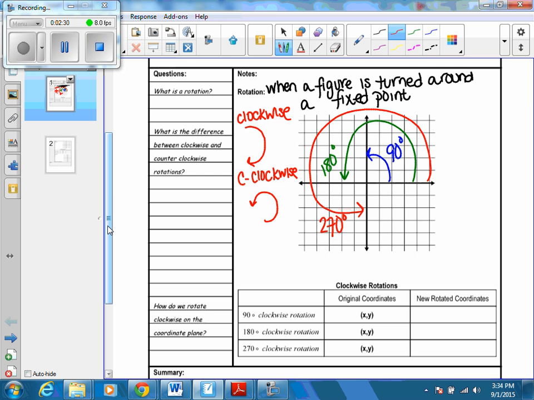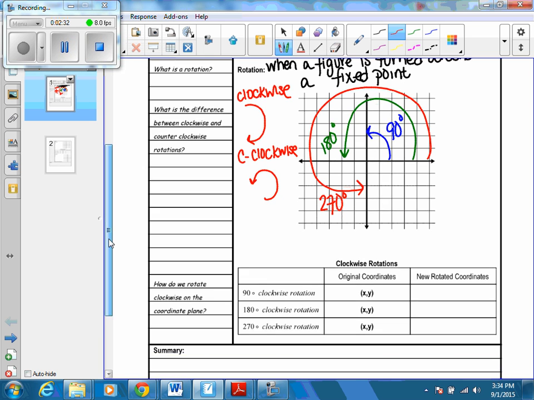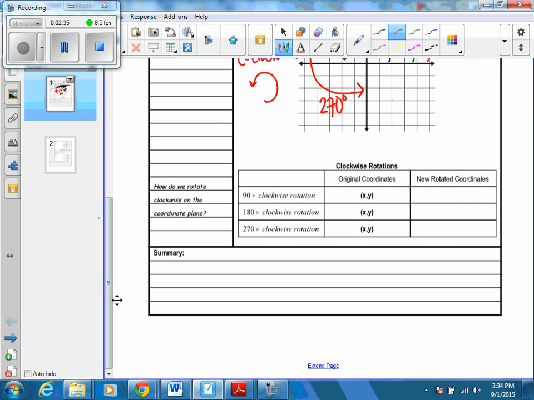The next part tells us what we're supposed to do for clockwise rotations. If we have a 90-degree clockwise rotation, my original coordinates are x, comma, y. To make the new rotation, I switch my y and my x and make the x negative.